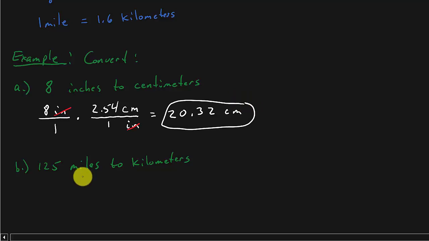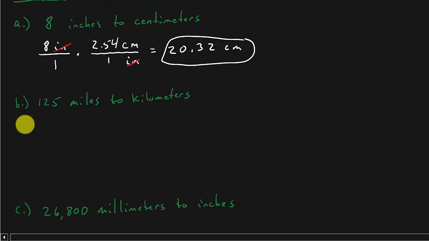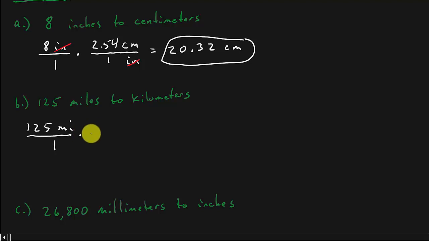I want to go from miles to kilometers. So I've got 125 miles. I'm going to put that over 1, make it look like a fraction, times, now I want to go to kilometers. So that means I want kilometers in the numerator, miles in the denominator. What do I know?